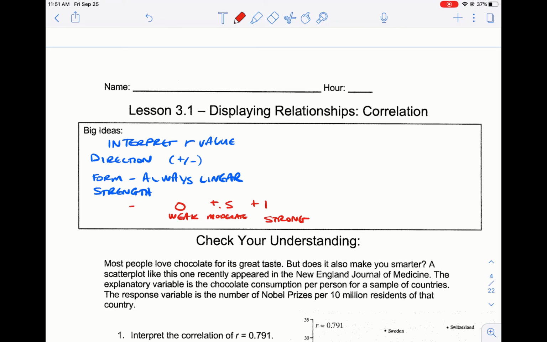Okay? But it also goes the other way. And so if we have a negative 0.5 down to a negative 1 would also be strong. But it'd be a strong negative linear pattern. And this would be moderate here. Okay? And so that's our kind of spectrum here. Anything in between, as with statistics, we always want to use LY words.